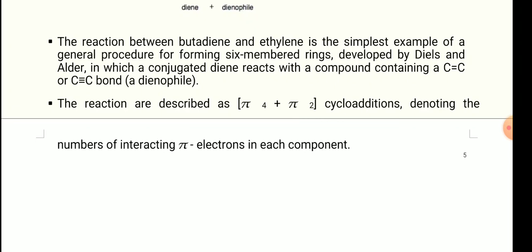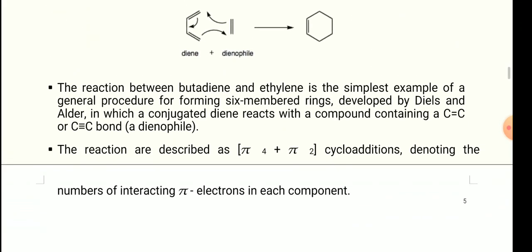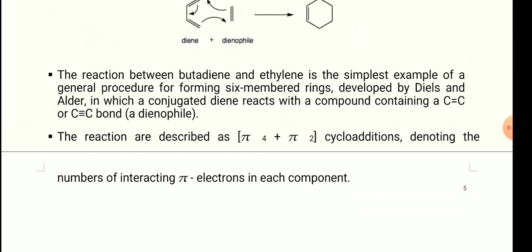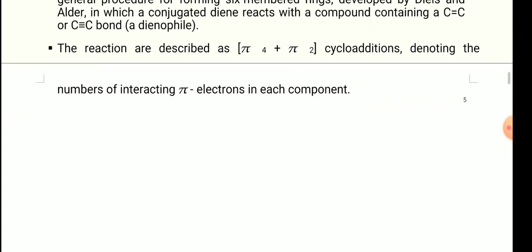The reaction is described as pi 4 plus pi 2 cycloaddition. If you look here, in the diene there will be 4 pi electrons, and in the dienophile there are 2 pi electrons, that's why it is written like this, pi 4 plus pi 2 cycloaddition, denoting the number of pi electrons in each component.